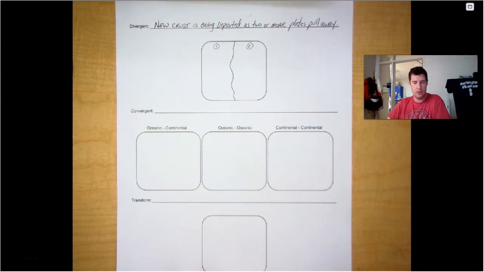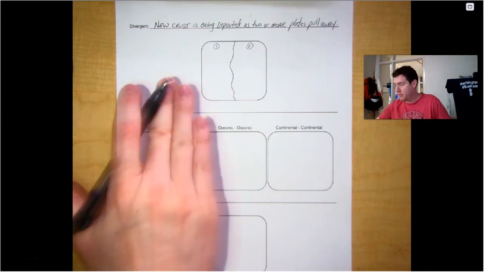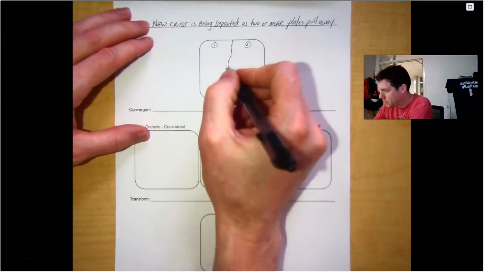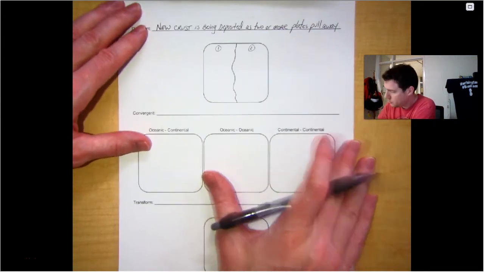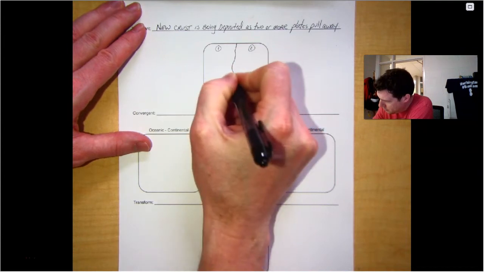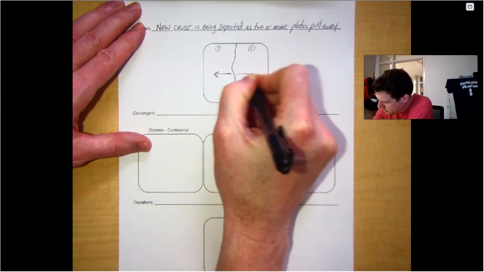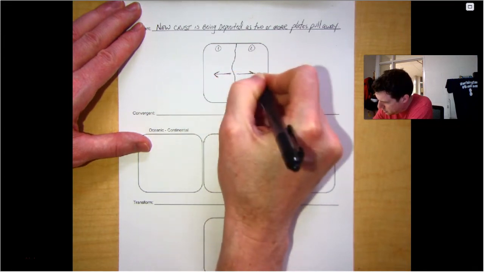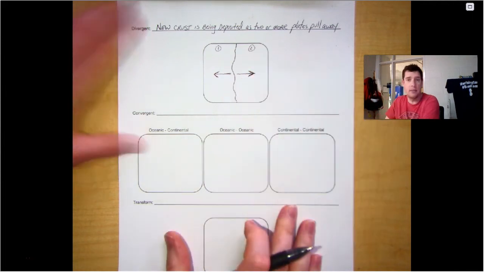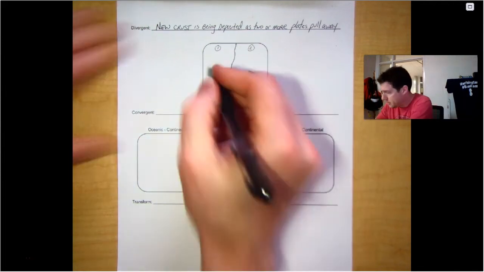And you've got this boundary, this line that separates plate 1 from plate 2. Here's all you need to do. Okay? Divergence means this. That's it. That's all that divergence means.